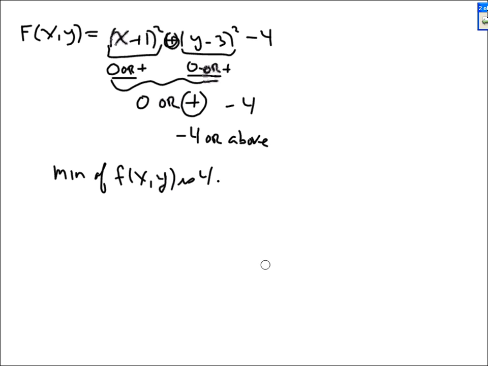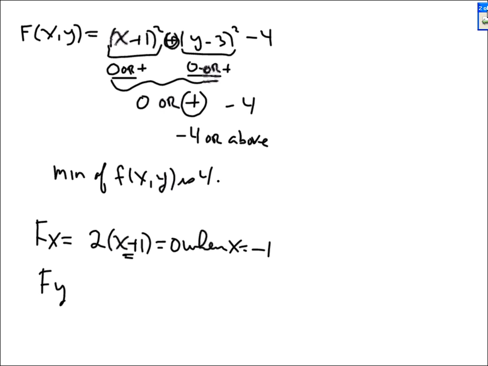You need to be mathematically mature enough to just see that. But if you preferred, and you really shouldn't, you could take the partials and see where they equal 0. The first partial will be 2 times x plus 1, and this equals 0 when x is negative 1.